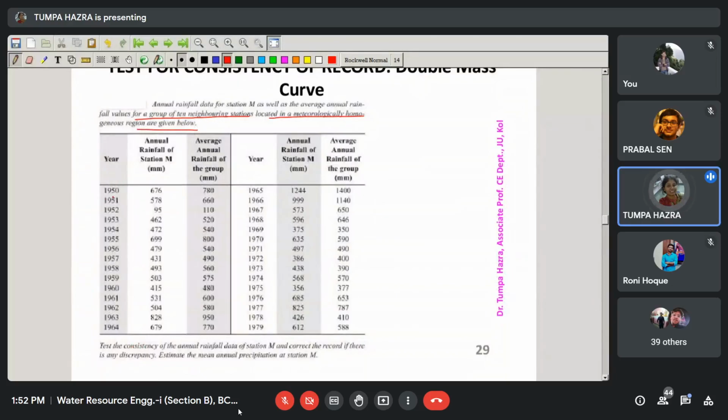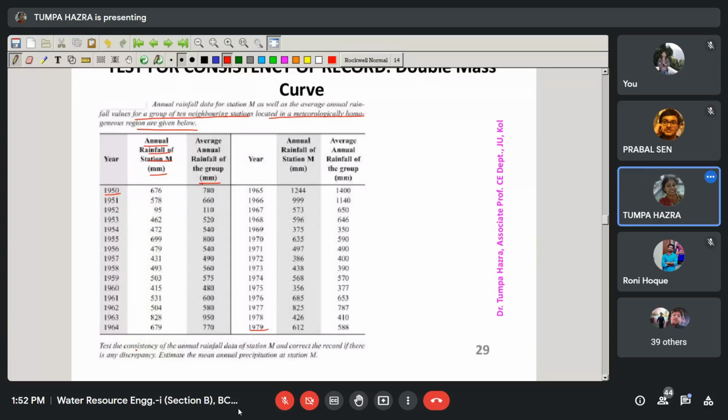You have been given the data from 1950 to 1979 for a particular station M in millimeter, and the average annual precipitations of a group of stations neighboring station M in millimeter were also given to you.